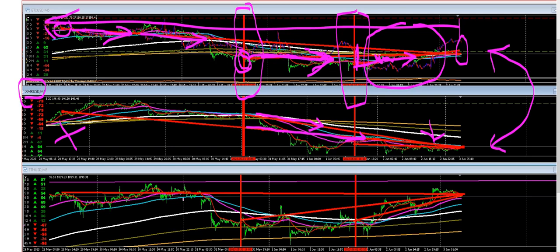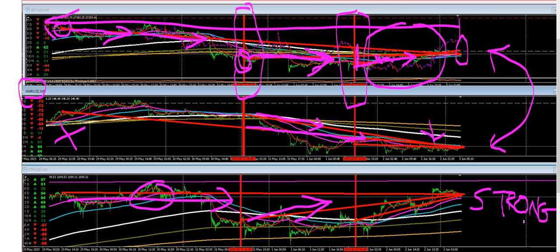Then we look here, and we see that the move is sideways, so that's not as strong as BTC. But what we've got here is quite a strong rise, though we have to be cautious because overall it is sideways. And then again here we have another one.